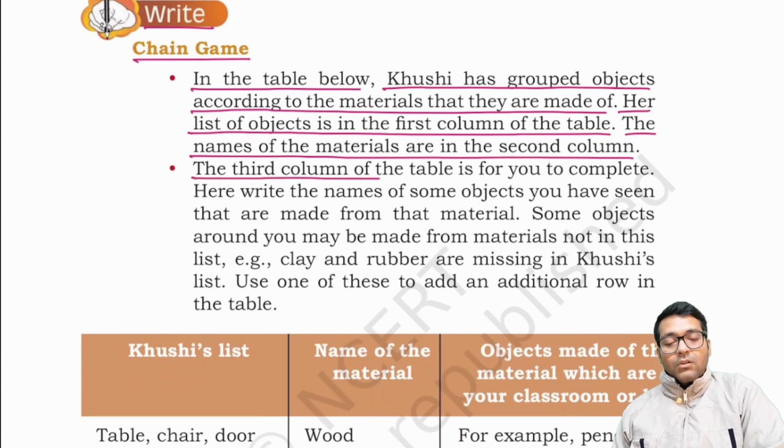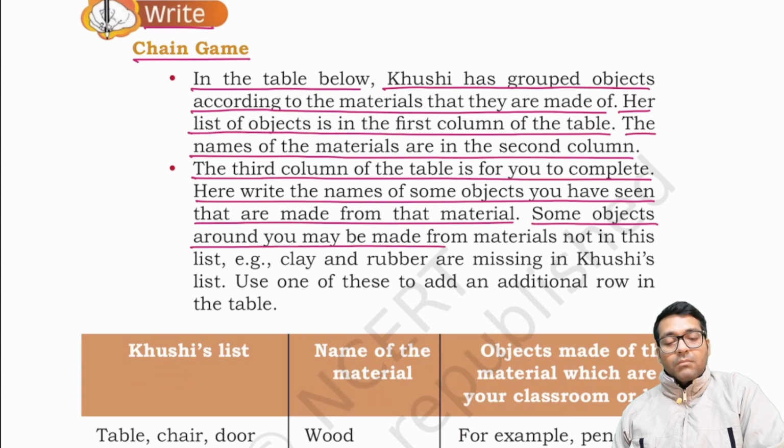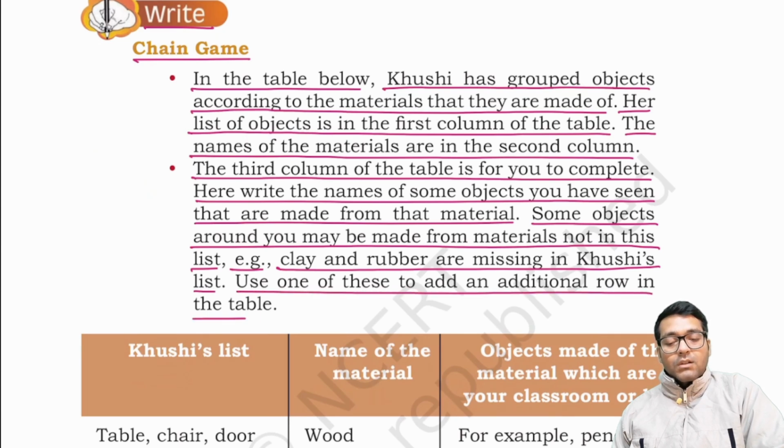The third column of the table is for you to complete. Here, write the names of some objects you have seen that are made from that material. Some objects around you may be made of materials not in this list. Example, clay and rubber are missing in Khushi's list. Use one of these to add an additional row in the table.